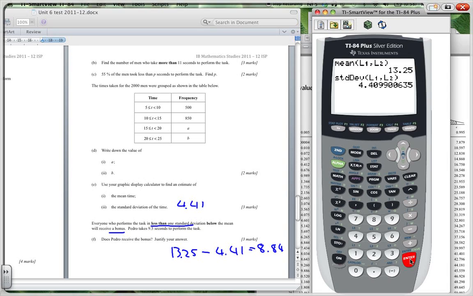Now, Pedro takes 9.5 seconds. So you need to be less than 1 standard deviation below the mean. So he takes 9.5, which is above 8.84. 9.5 is greater than 8.84. Therefore, Pedro does not receive a bonus.